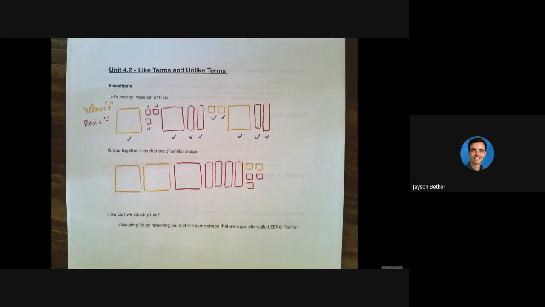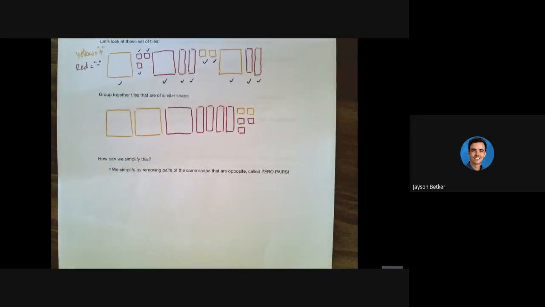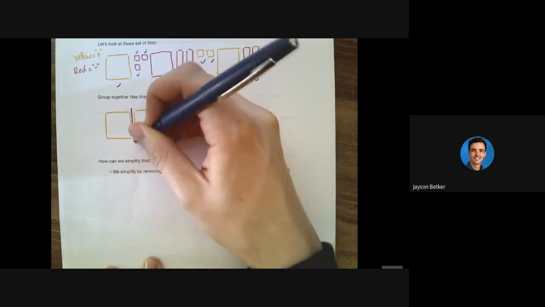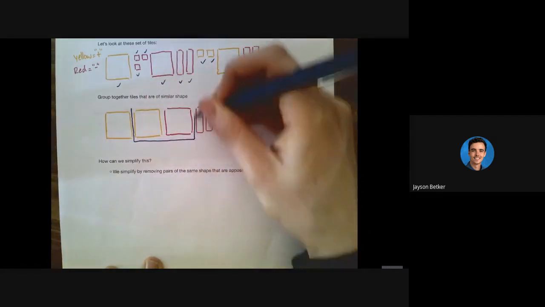All right. So how can we simplify this now? So what's the point? What am I getting at here? Well, we've got like terms. Similar shape means that they're like terms. They're terms that are similar. And what we can do is when we look at them, we can actually do a cancellation, which will really help us. I notice that I've got a positive. Remember, red means negative and yellow means positive.